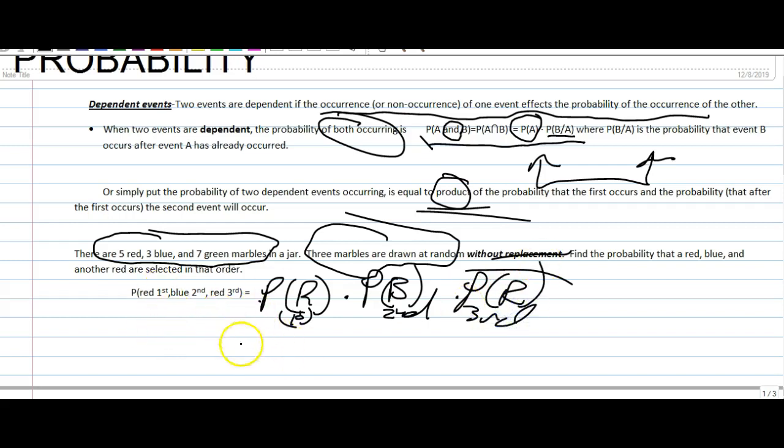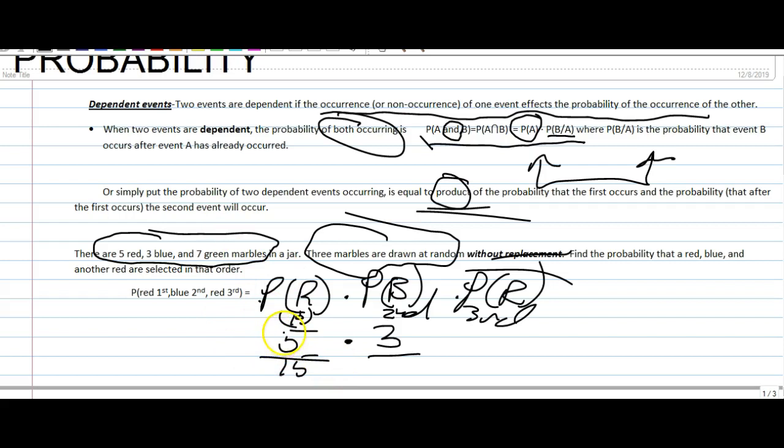So the probability that we get a red marble on the first draw, well, there are 5 red marbles in the jar, so that's 5 out of a total of 15. Now, notice that what we obtain on the first draw does affect the probability of what we obtain on the second draw. The probability of getting a blue marble on the second draw is 3 out of 14, because we still have 3 blue marbles left in the jar if the first one was a red one.